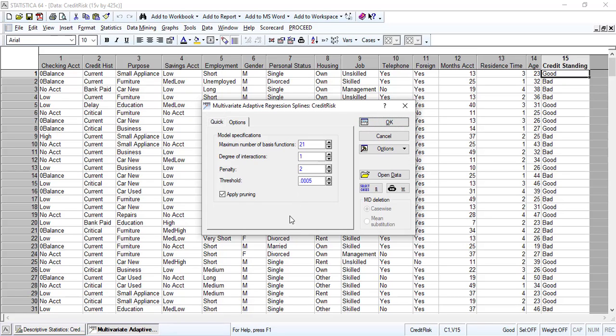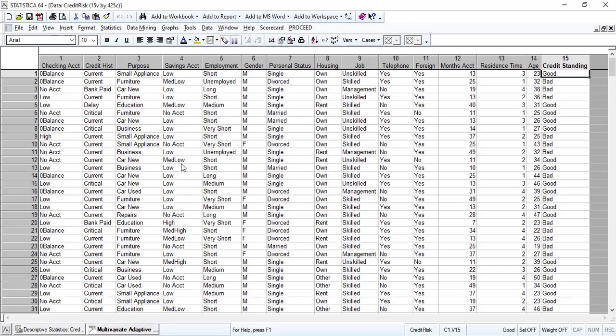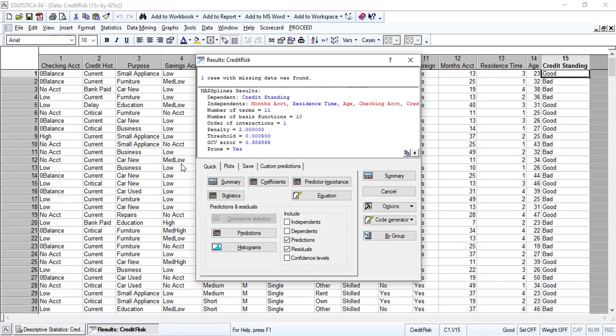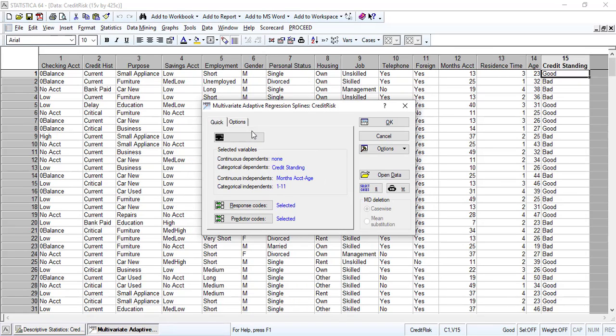Maximum number of interactions can be 21. Threshold, that means every time you increase your precision, if the improvement is lower than 0.005, it will stop. We don't want to go continuous. Now, that's the threshold. The only thing that we will change, let's put our threshold as 0.007. Why?